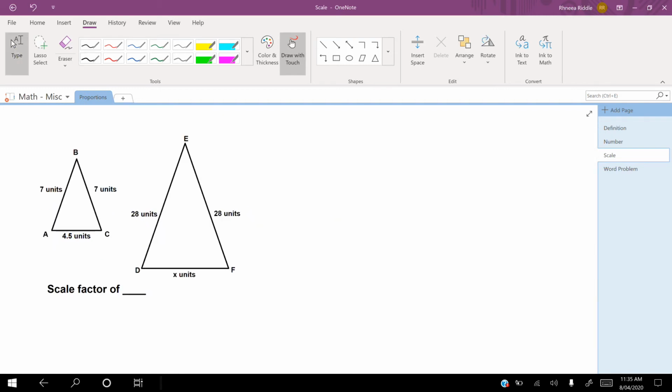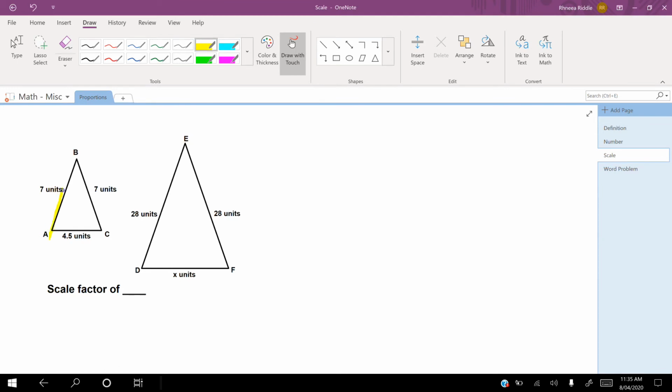So sometimes we are given a problem where we not only need to find a side, but we also need to find the scale factor. Don't worry, it's a lot easier than it looks. When we work on it, we want to stop and look at which sides are proportionally equal to each other.